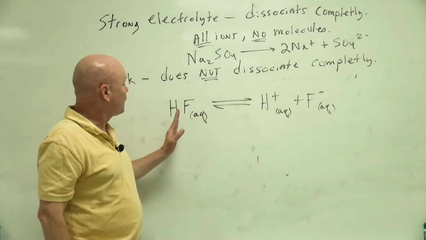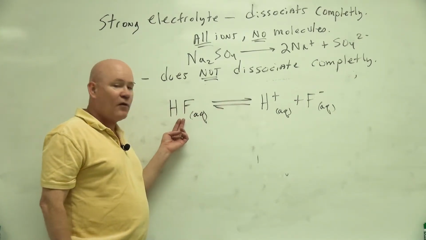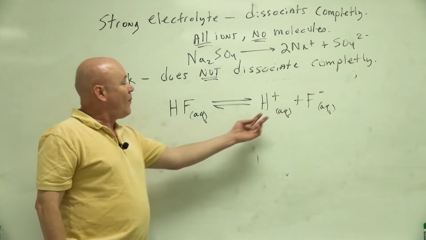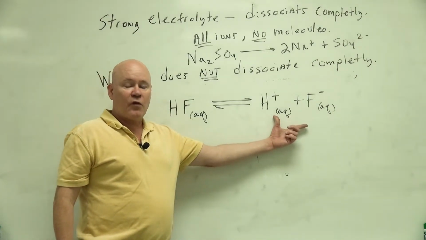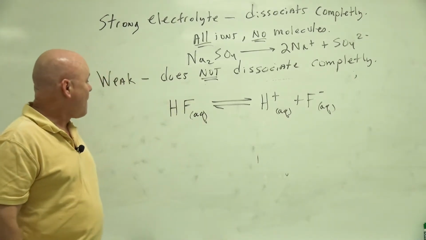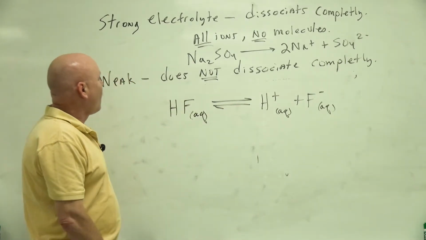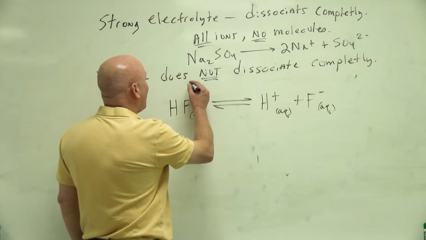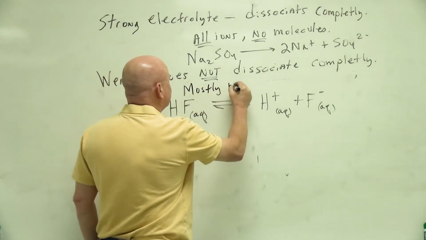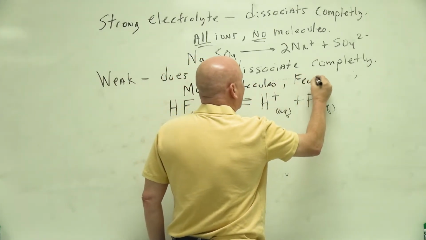And in fact, for hydrofluoric acid that's dissolved, it's about 10,000 to 1. There's about 10,000 of the hydrofluoric molecule dissolved, and only about 1 out of 10,000 ends up dissociating into the H plus and the fluoride ion. So mostly molecule, few ions. And so when we have a weak, we are mostly molecule, few ions.